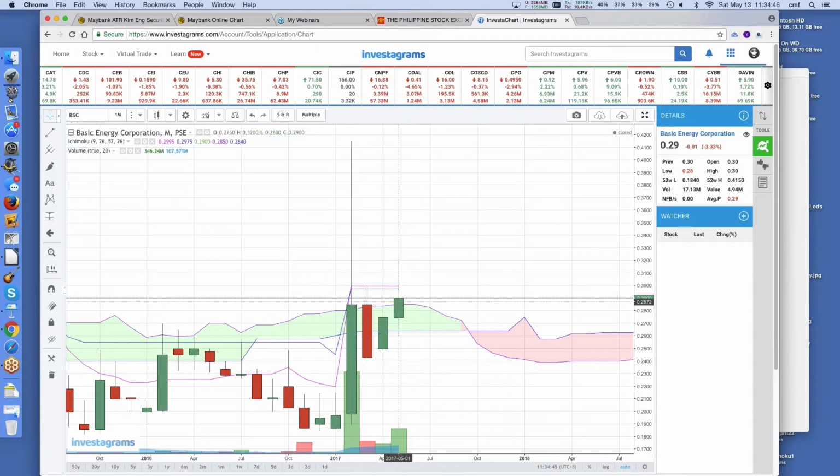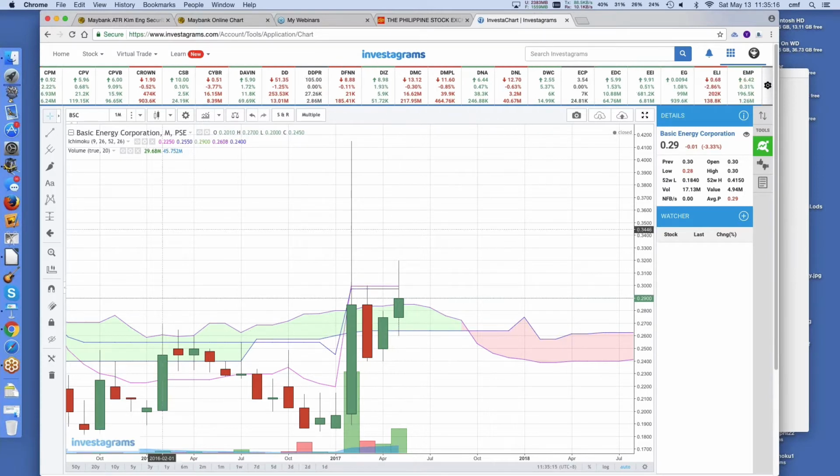Second time it failed. The third time it tried, we thought it might be successful because it was able to break above that confluence of resistances, but it went below it. However, the upside is, it is still above the Kumo. So this is an if, because if price is unable to break above that resistance between the Tenkan and Kijun-sen, then this will go back to its support line at 26.